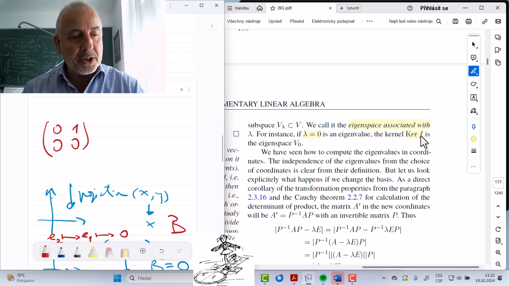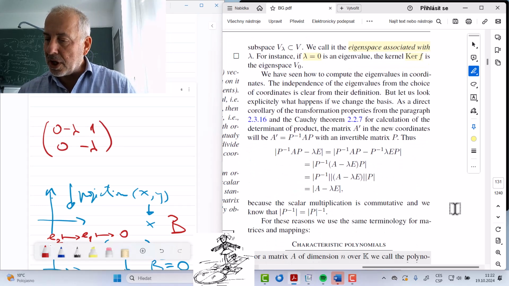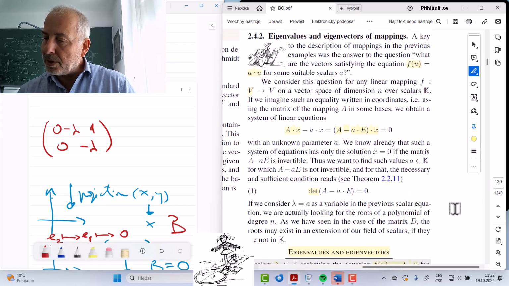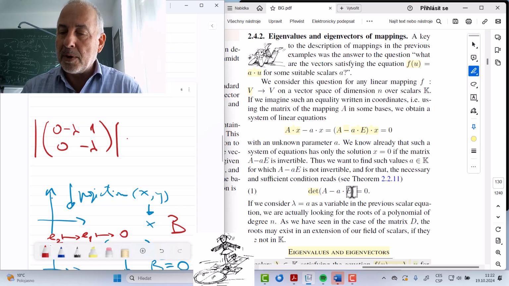So I instead write 0 minus lambda, 0, minus lambda 1 0. That's the matrix where I have to compute the determinant, and now computing the determinant gives us lambda square.